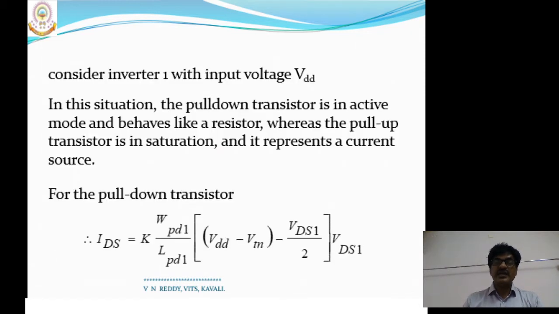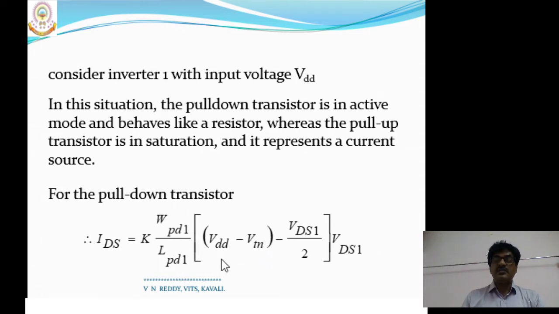For the pull down transistor, it is in the non-saturation region. Therefore, the current for the pull down transistor is IDS equal to K WPD1 divided by LPD1, that is, pull down transistor width divided by pull down transistor length of the first stage, into the formula (VGS minus VT) minus VDS1 divided by 2, into VDS1.